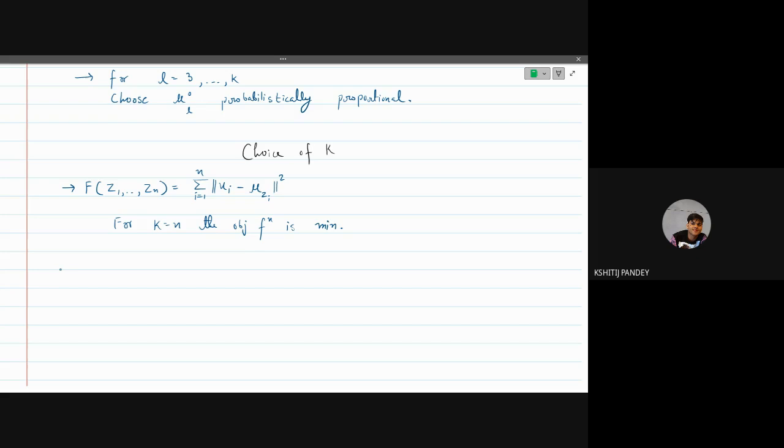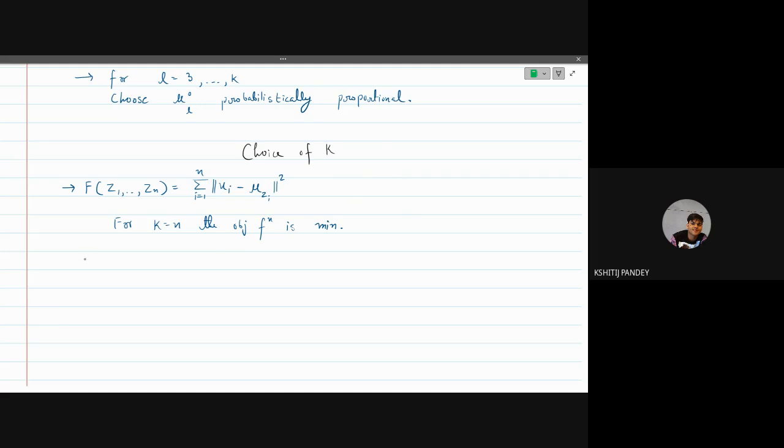When we talk about small values, what about k equal to 1? If you have k equal to 1, in that case also there is no benefit. Why? Because all the data points belong to one cluster only. That makes no sense of clustering, right? Correct?